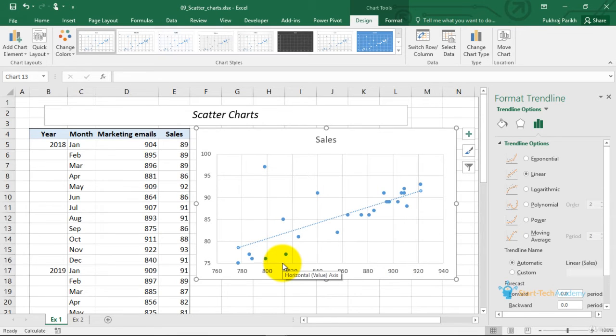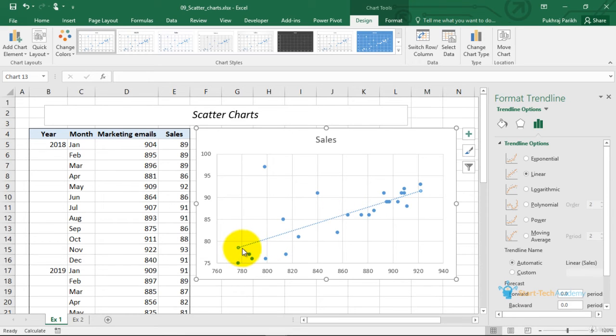You can also see in this trend line, if I increase the x-axis value, that is the marketing emails, from nearly 780 to 880, that is, a 100 unit increase, I send an additional 100 emails to the customers.